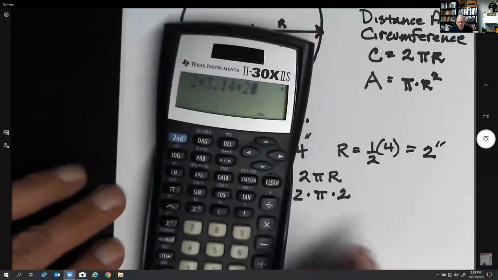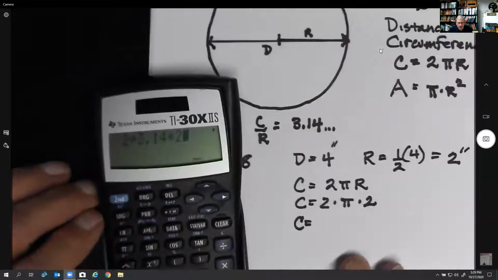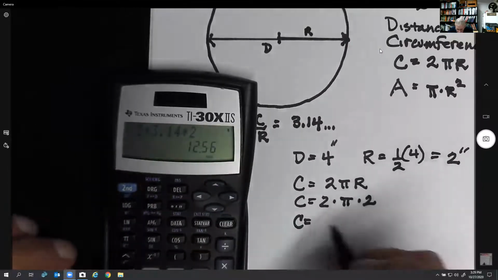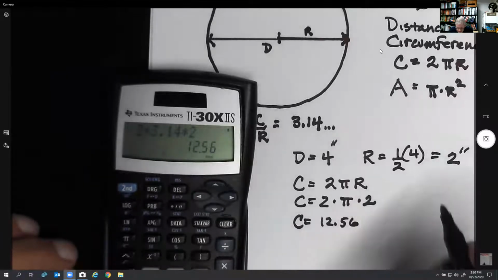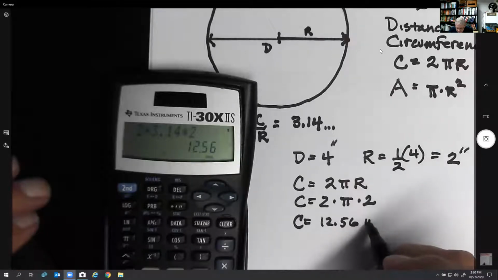And we hit equals, and that'd be about 12.56. And if this was in inches, then that would be just inches.